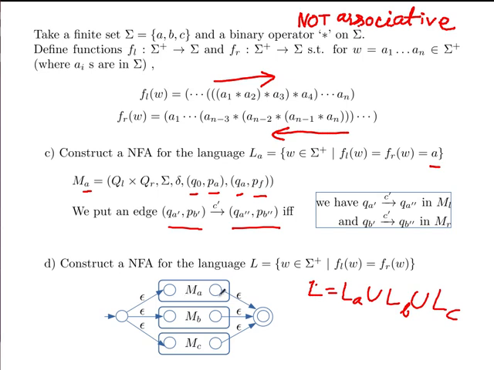And in the regular expression video, we also proved that regular languages are closed under union, and we gave an explicit NFA construction to construct an automaton for those unions. So this was the construction.